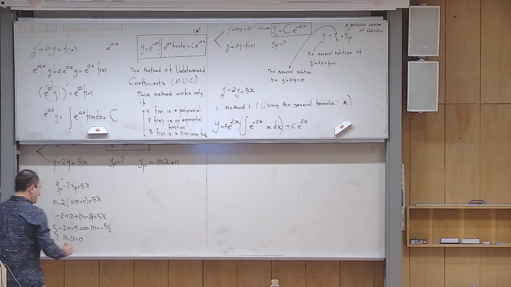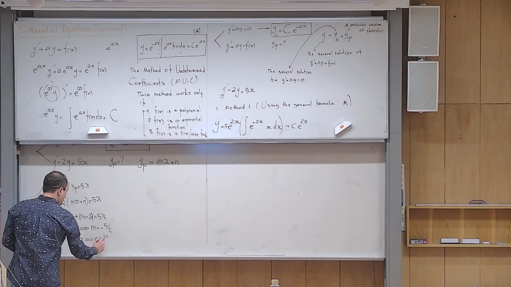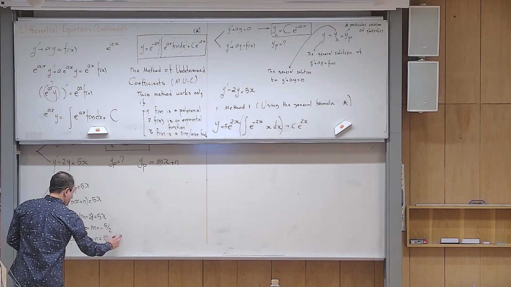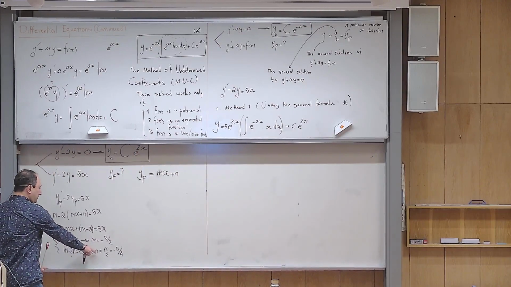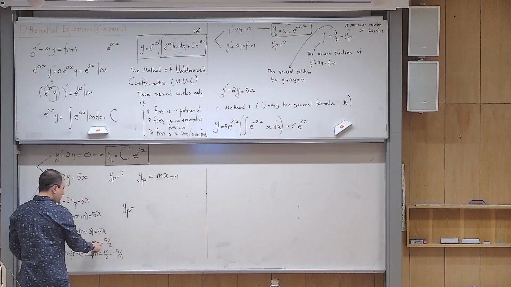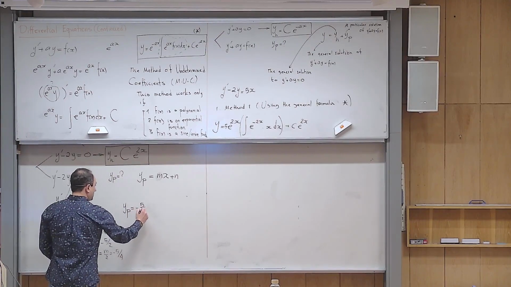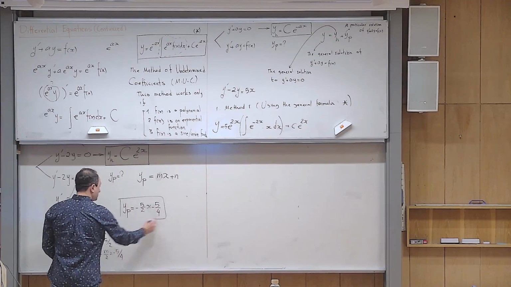If I put it here, n is m divided by 2, which is minus 5 over 4 now. So I found m, I found n, I put it back here, so I have my particular solution. So it's minus 5 over 2 x minus 5 over 4. This is my particular solution.